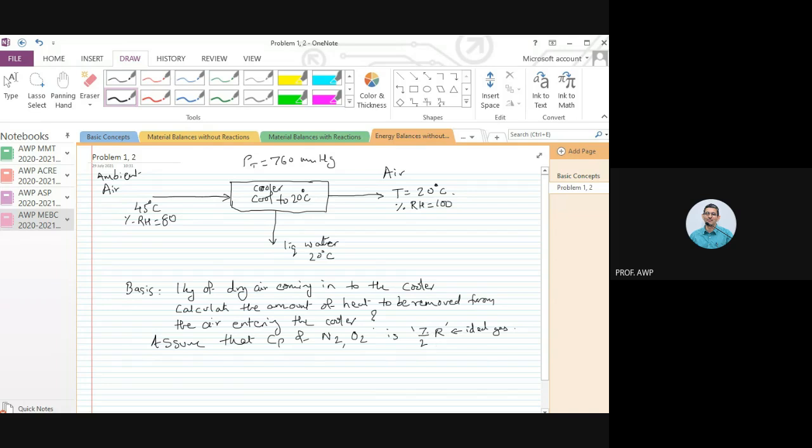But if you want, I can give you some CP values also. Right now, just use this value so that we don't have to worry about it. Okay, Praveen?